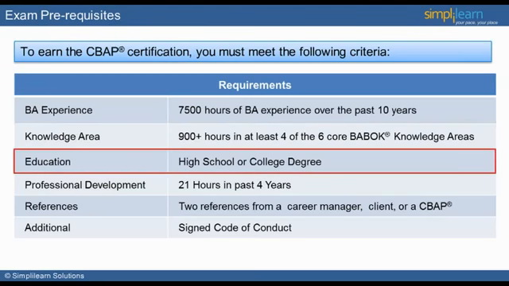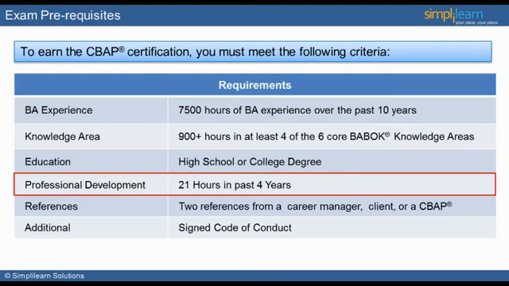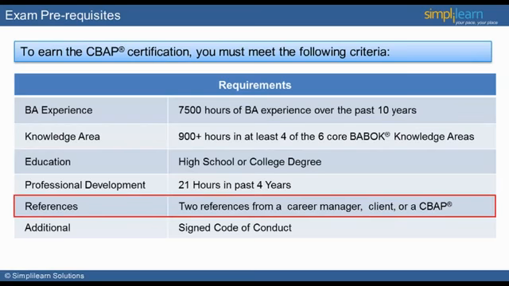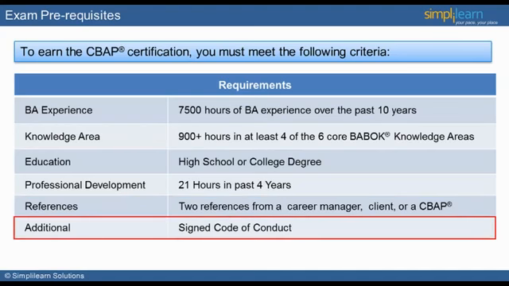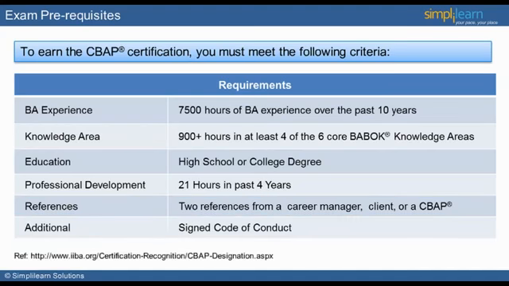A high school or college degree is the minimum educational qualification required. The individual should have 21 hours of professional development in the last 4 years. Additionally, they would require 2 references from a career manager, client, or a CBAP. Finally, the individual would require a signed code of conduct. Moving on, let us look into the exam pattern in the following slide.